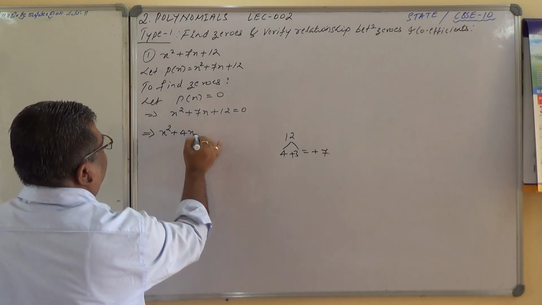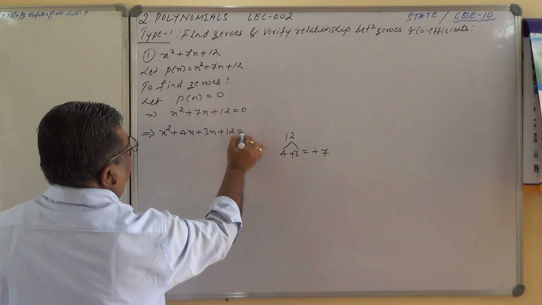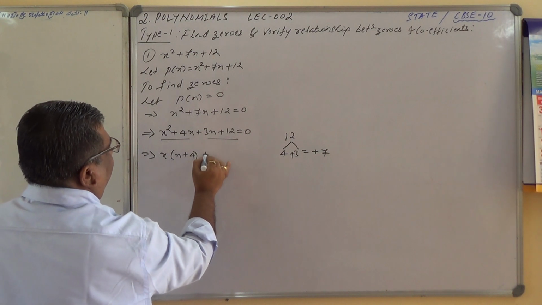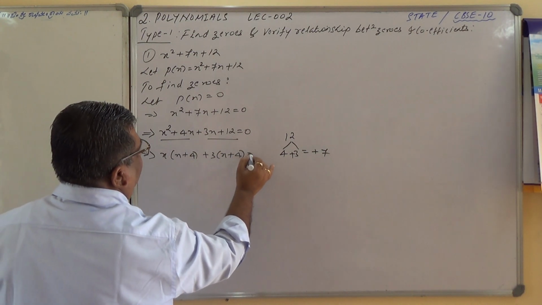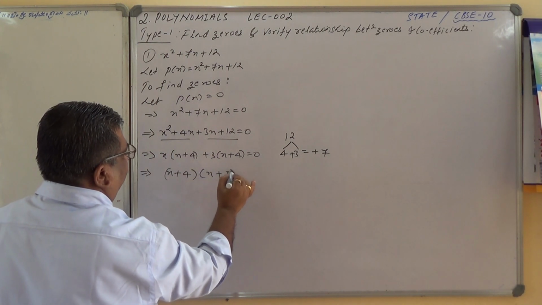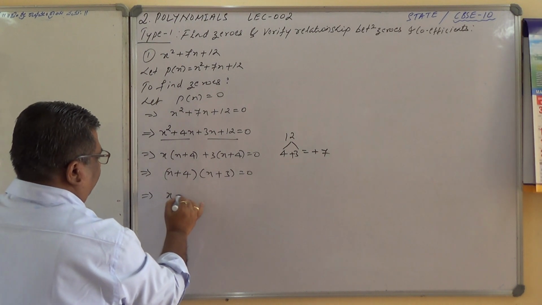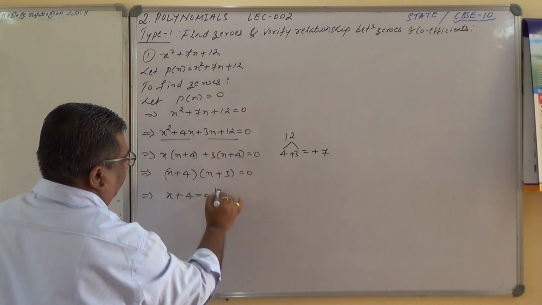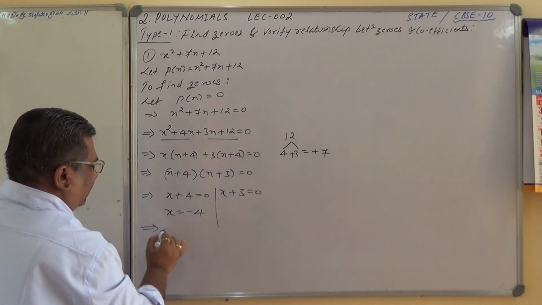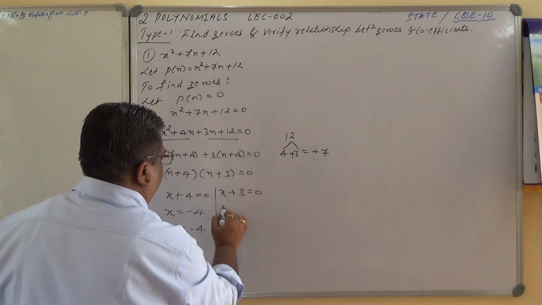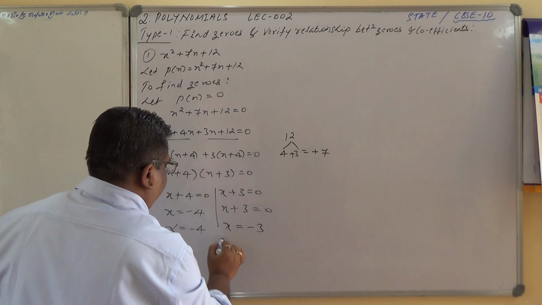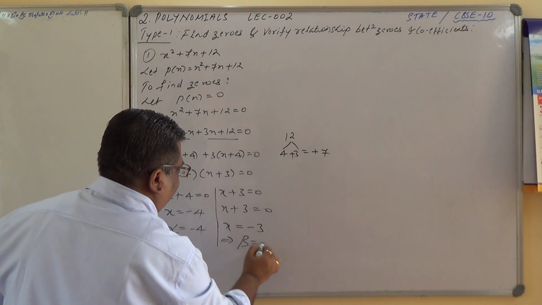x square plus 4x plus 3x plus 12 equals 0, implies take common here, x into x plus 4 plus 3 into x plus 4 equals 0, implies x plus 4 into x plus 3 equals 0. x plus 4 equals 0 gives x equals minus 4, implies alpha equals minus 4. x plus 3 equals 0 gives x equals minus 3, implies beta equals minus 3.